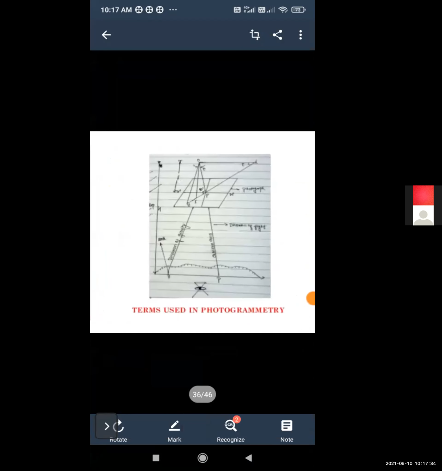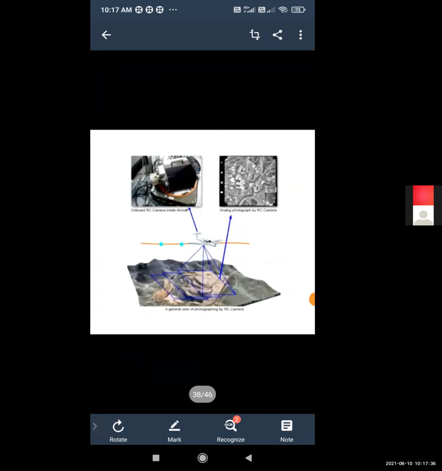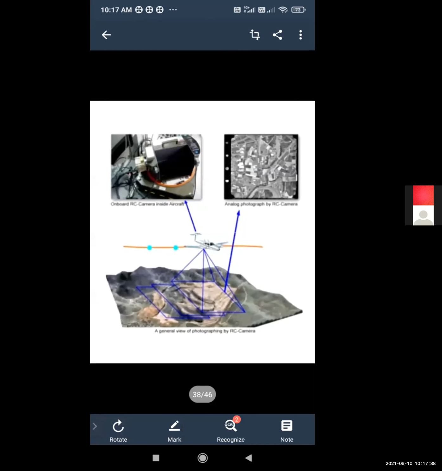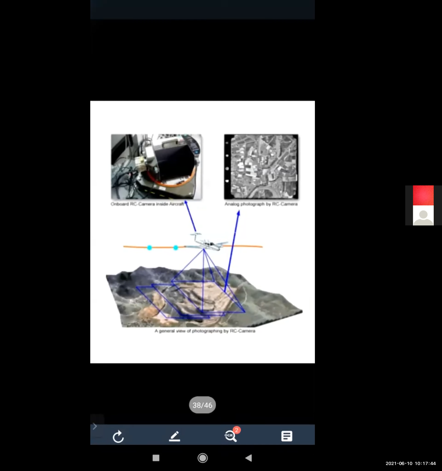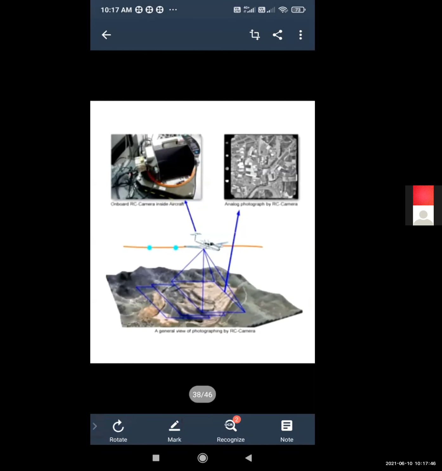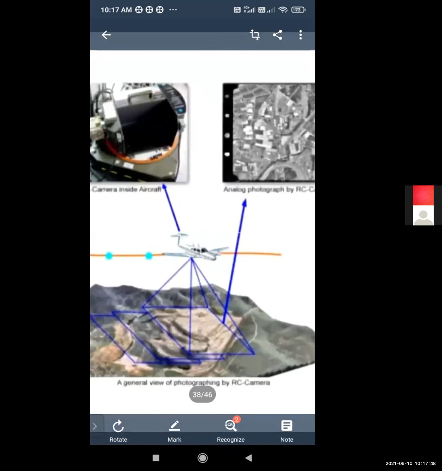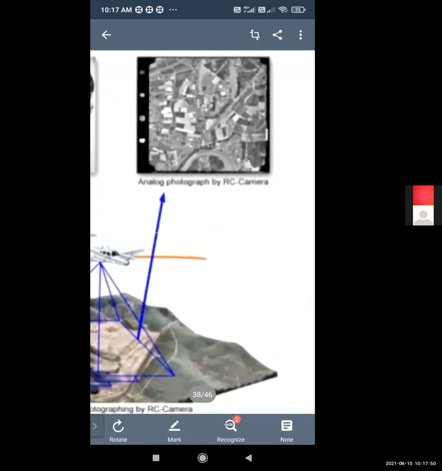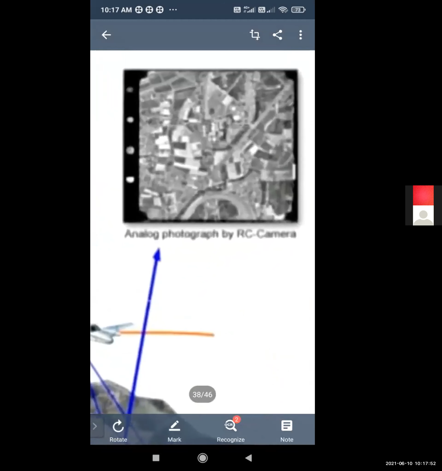Okay, next image is the RC camera inside the aircraft. This is the camera fixed on the aircraft, and this is the photograph clicked by the RC camera.